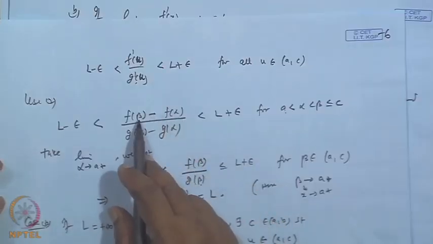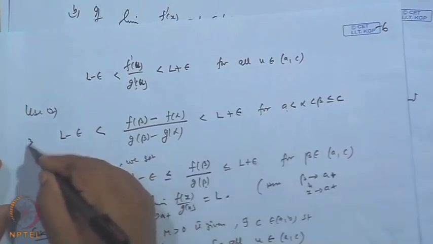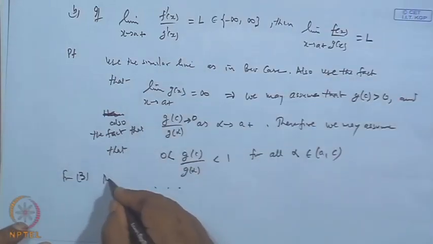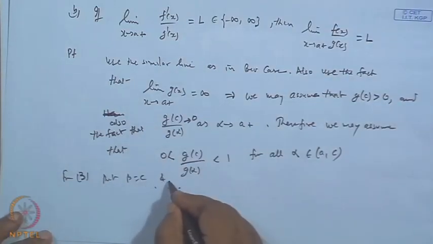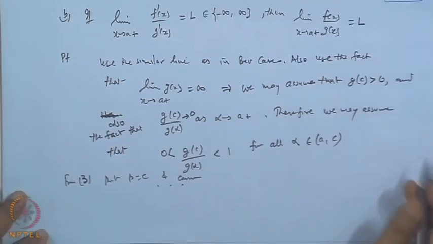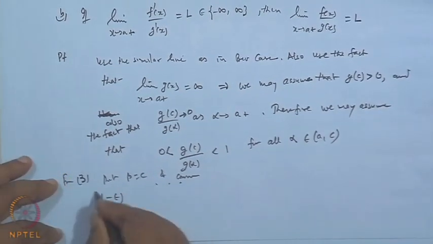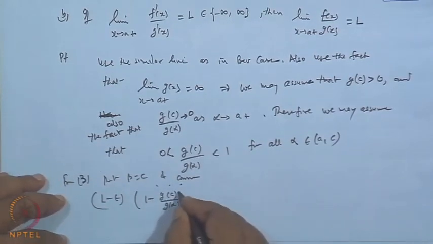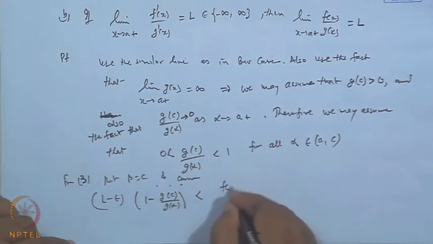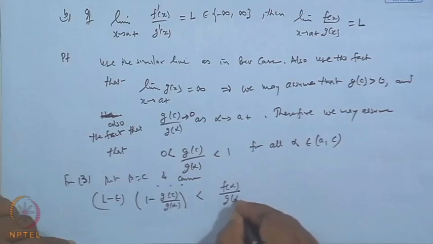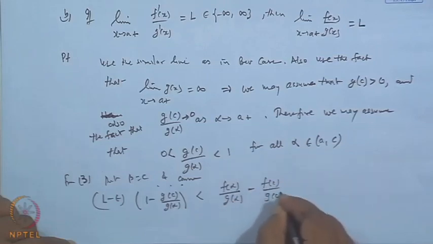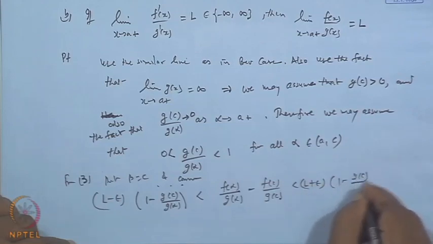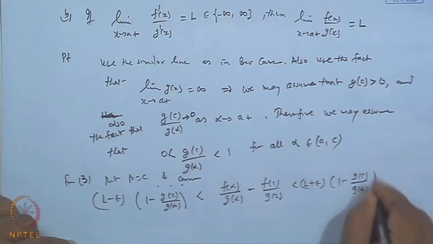So, in third, if I put beta equal to c, and then consider this, we get L minus epsilon, multiplied on all sides by g c over g alpha, because this is positive, is less than f alpha by g alpha minus f c by g c, which is less than L plus epsilon into 1 minus g c by g alpha.